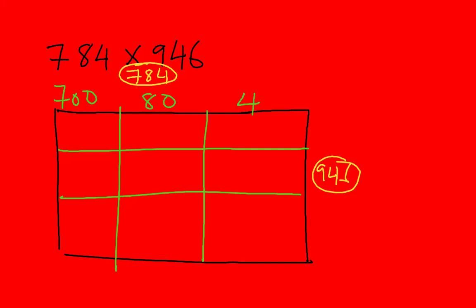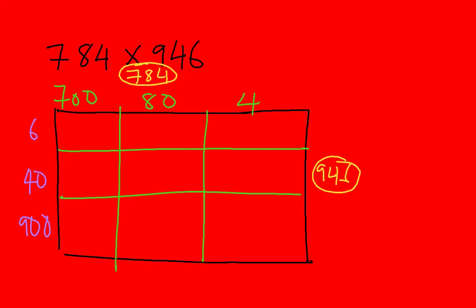So I'm using the place values. Then on my width, the short side, I'm going to have 900, 40, and 6. Right? So that's what we have.